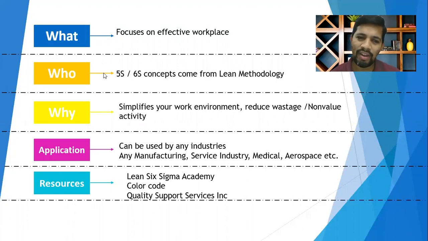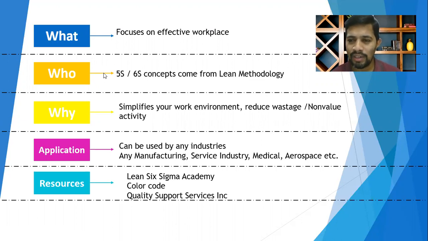So why do we need 5S? Because it simplifies your work environment and reduces the wastages, because the lean core concept is to reduce wastages. The wastages are called TIMWOOD, you might have heard.